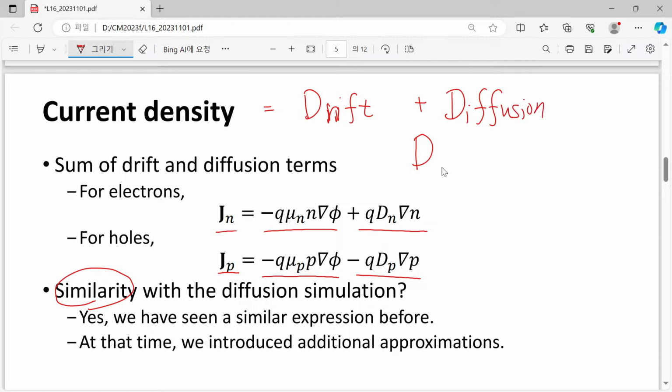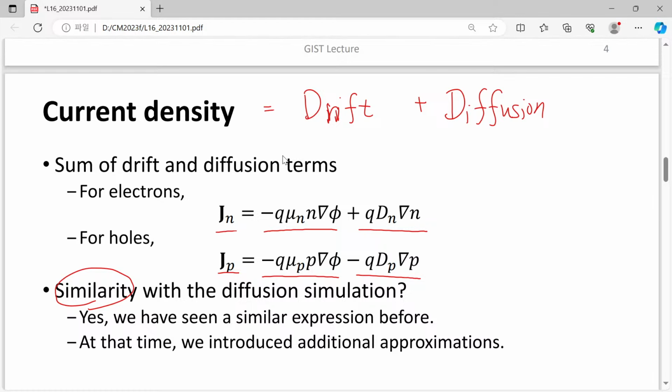If you ask me whether this is the only way to express the current density, I would say that it's not. We may have an alternative form. However, this is the most widely used one, drift and diffusion.